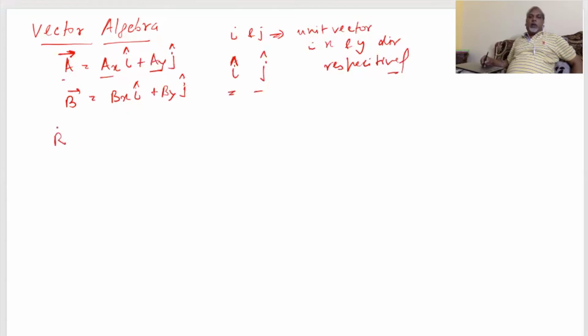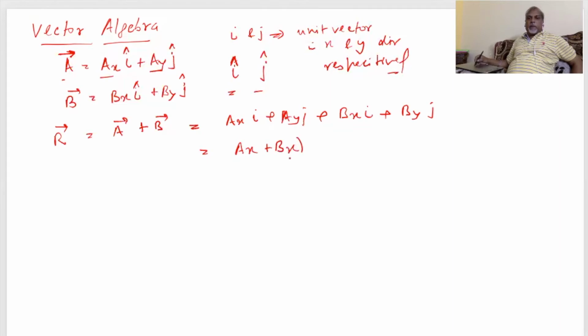And what about the resultant vector? This will be like this, and this can be written as AX i plus AY j plus BX i plus BY j, or we can write it as AX plus BX times i plus AY plus BY times j.